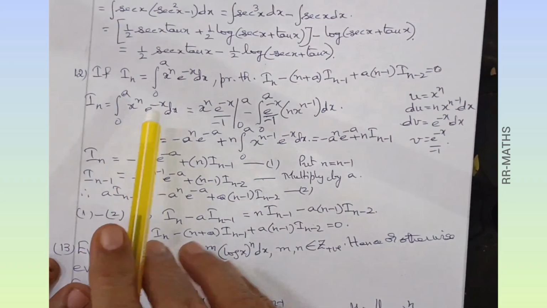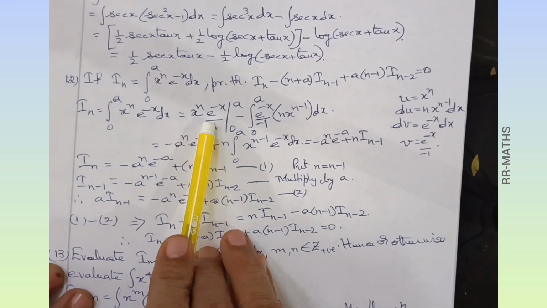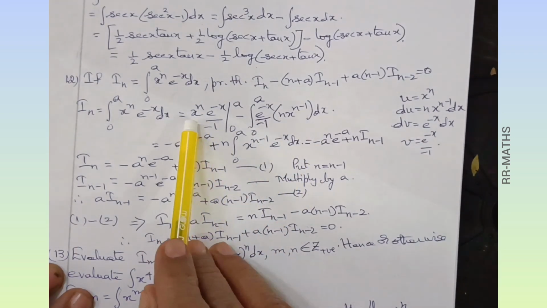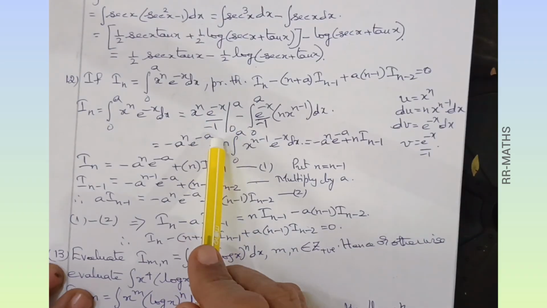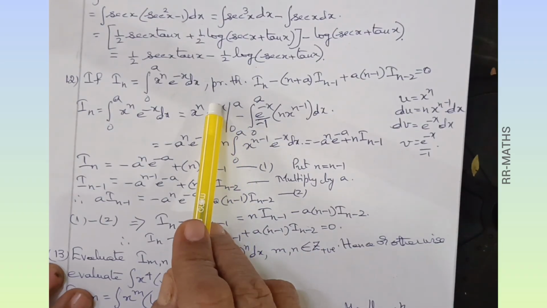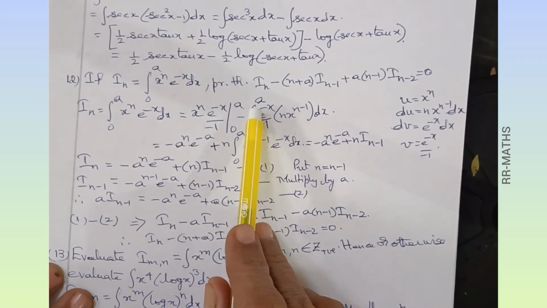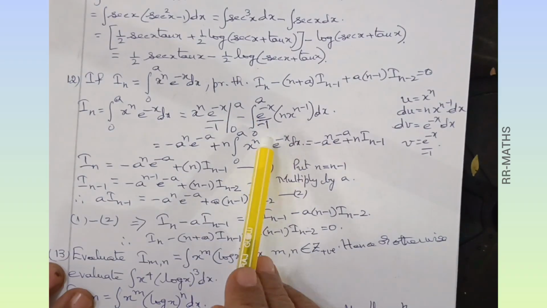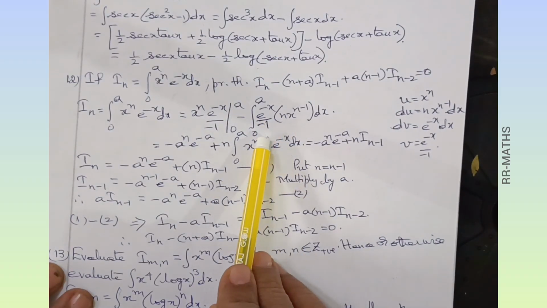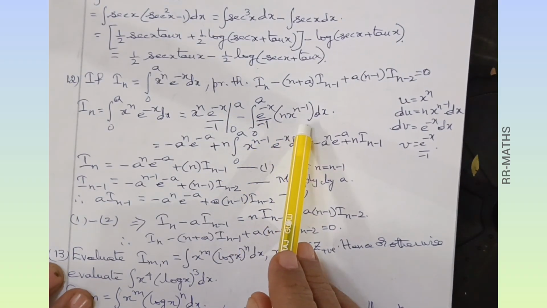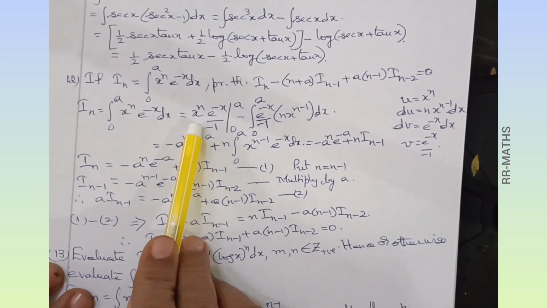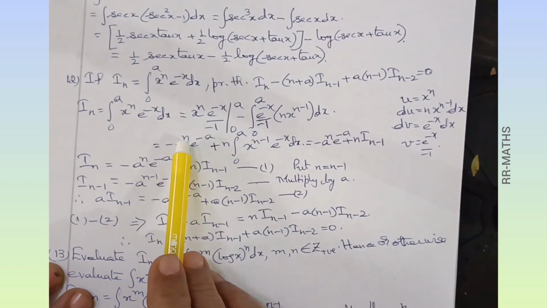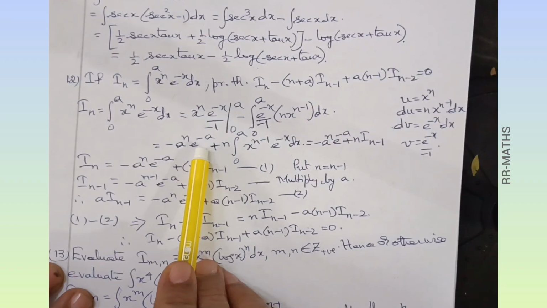So now you substitute integration by parts, which is uv minus integral v du. You get it as x to the power of n e power minus x by minus 1, limits varying from 0 to a, minus of integral 0 to a e power minus x by minus 1 into n x to the power of n minus 1 dx. So now when I substitute a for x, I get minus a power n e to the power of minus a.